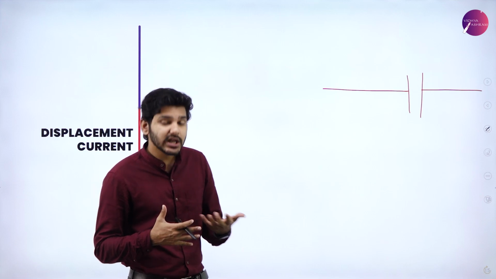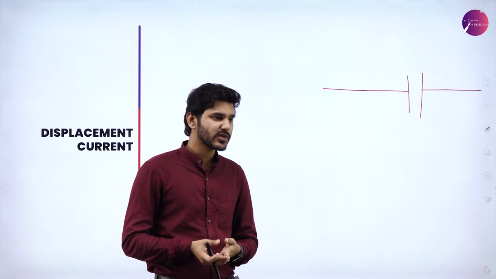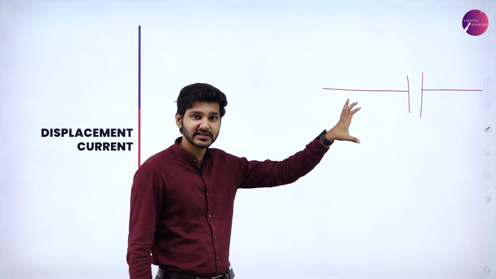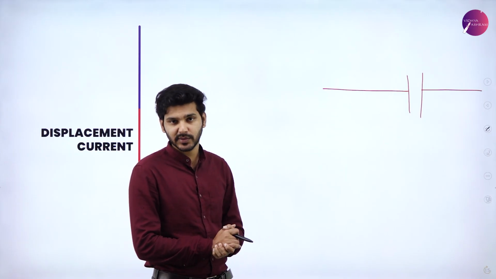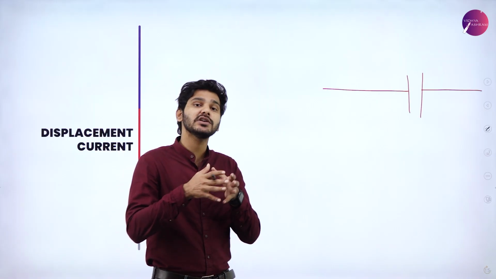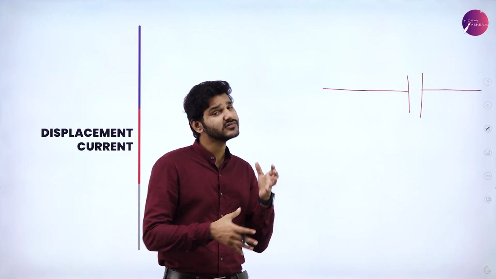But what intrigued Maxwell was that if I apply Ampere's circuital law to this particular capacitor, how will it behave? Will it obey Ampere's circuital law, or is Ampere's circuital law fake? That was the problem.